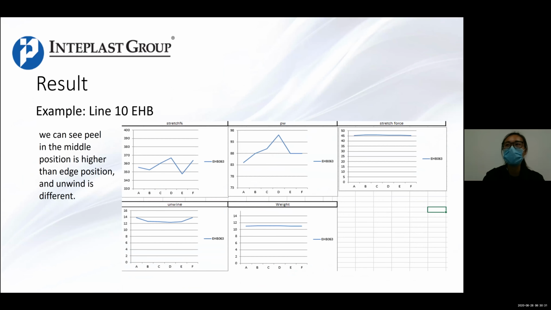And for the result I use, like, 10 EHB for example, EHB 63 gauge. We can see the peel in the middle position is higher than edge position, and the unwind edge position is higher than middle position.